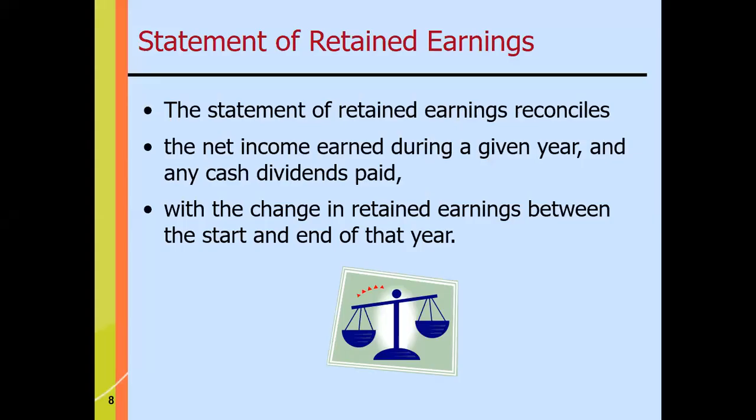Next is the statement of retained earnings. As explained a while ago, this is allowed under our current versions of accounting standards if the changes for a certain year would only be net income and cash dividends paid. However, if we have more changes in our equity, this would not be allowed and we will be using the statement of changes in shareholders' equity.